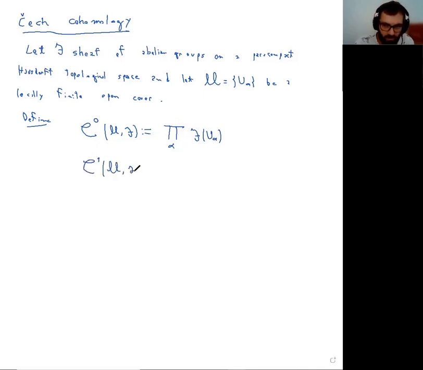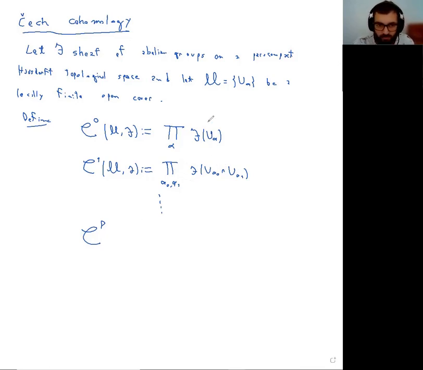And for C1, it's the same, but instead of taking U alpha, you take intersections between U alpha 0 and U alpha 1. So we take it on the smaller sets. And notice that we do not require alpha 0 and alpha 1 to be distinct.